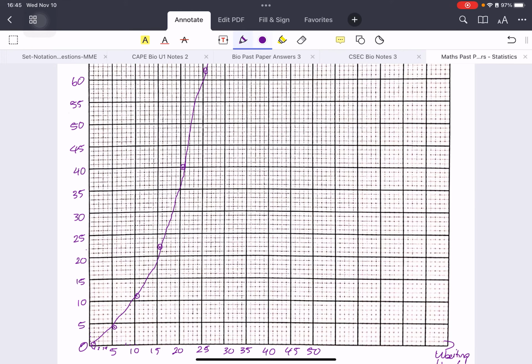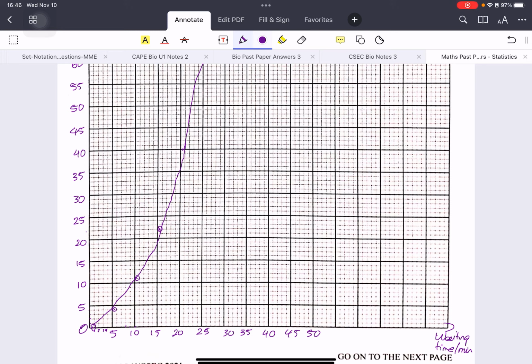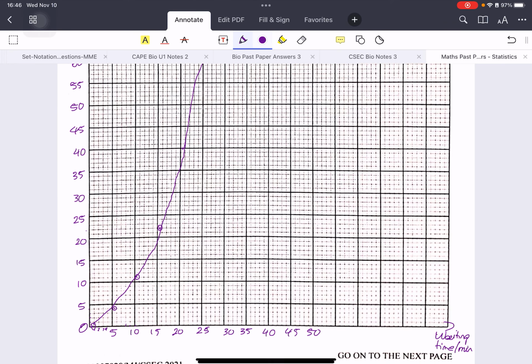Now you're going to get a little bit of leeway in between, right? Some people's graph might be a little bit more to this side, some people might be around that side, but once we get the general graph, no matter what answer you get, whether it will be 19, 20 or 21 for example, you're going to be fine.